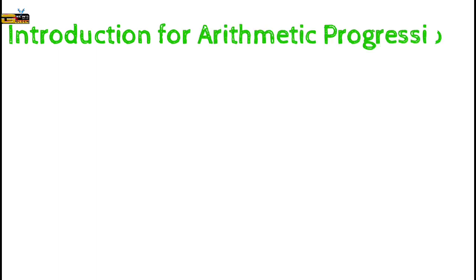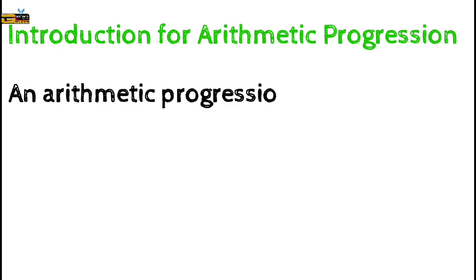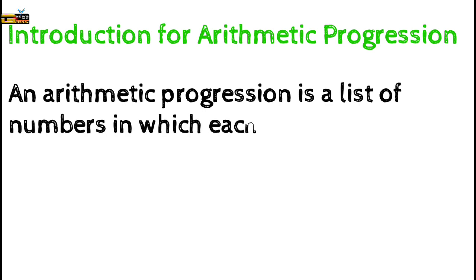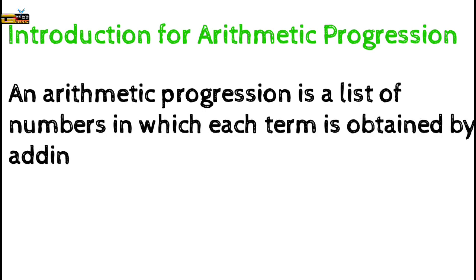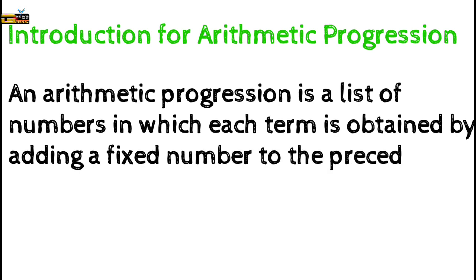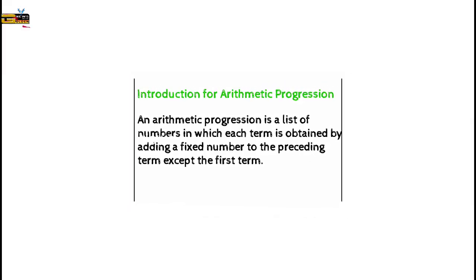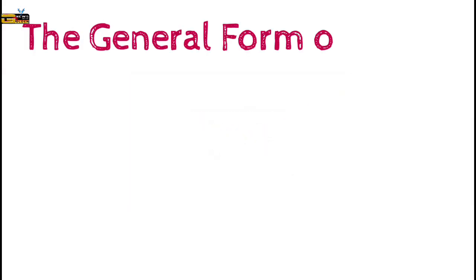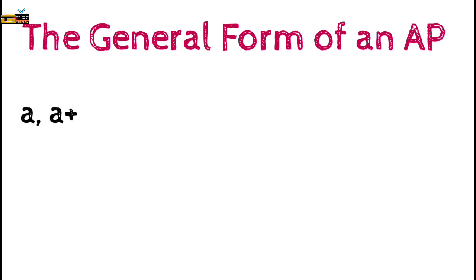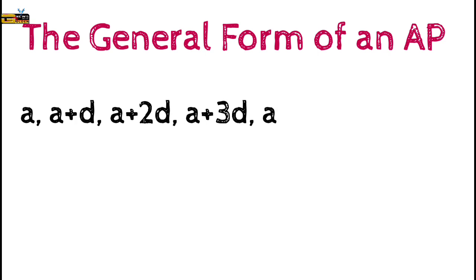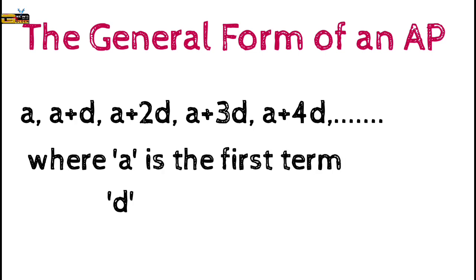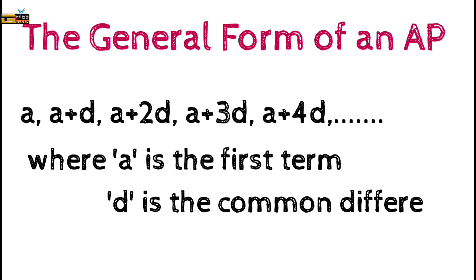Introduction to arithmetic progression. An arithmetic progression is a list of numbers in which each term is obtained by adding a fixed number to the preceding term, except the first term. The general form of an AP is A, A plus D, A plus 2D, A plus 3D, A plus 4D and so on, where A is the first term and D is the common difference.